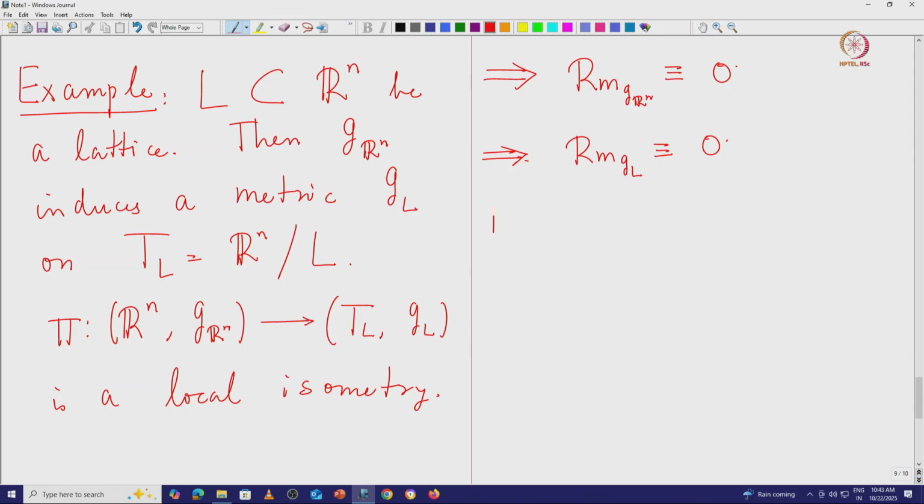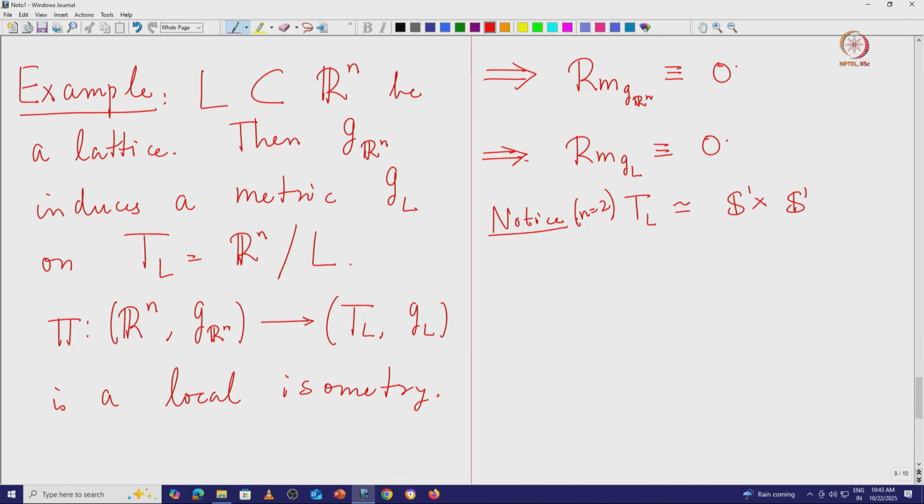But now notice that each of these tori, so let us take for instance dimension 2, right. So then this torus is diffeomorphic to a product of 2 circles, right.